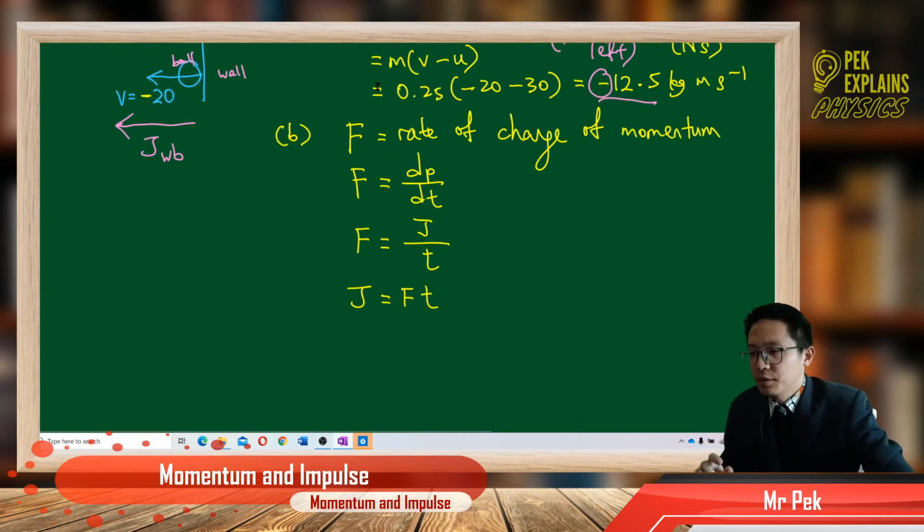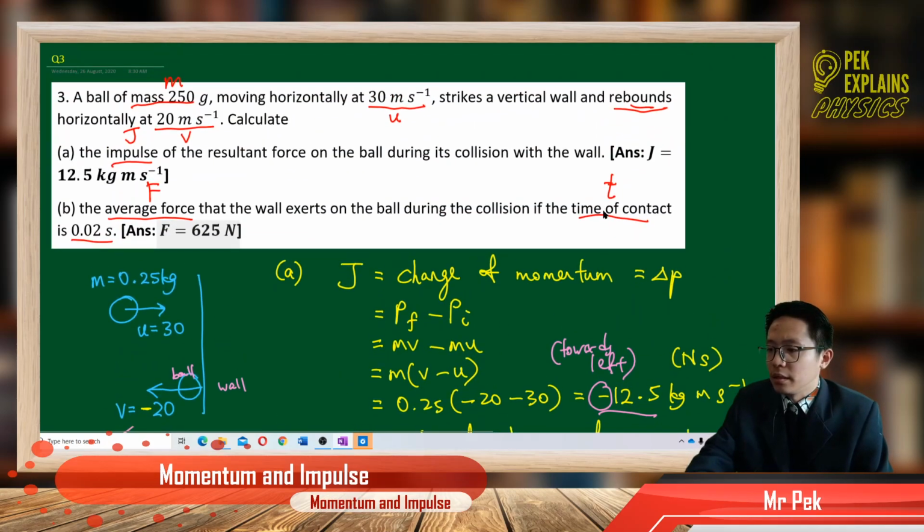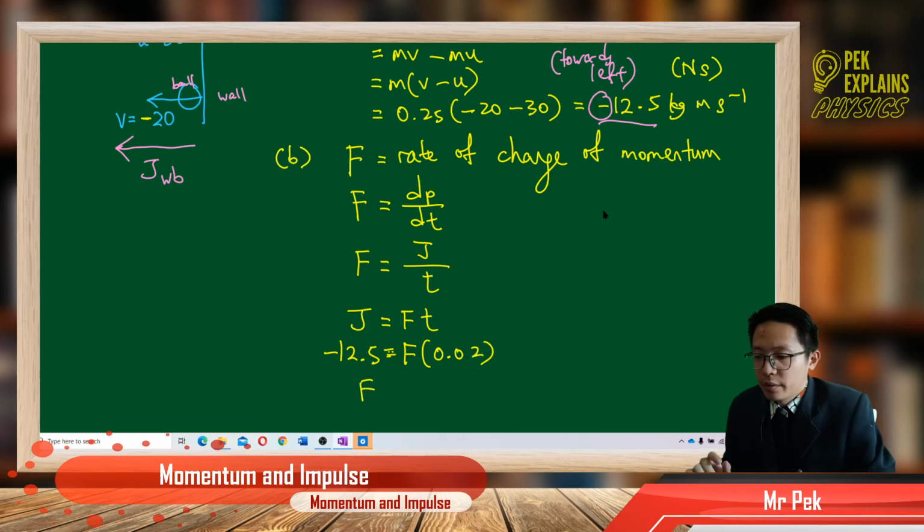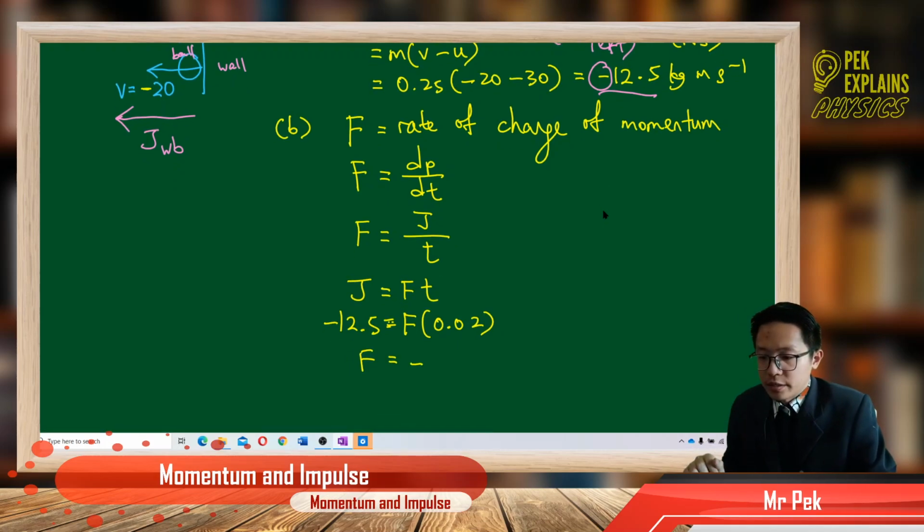So we just substitute the information: negative 12.5, and the time taken is 0.02 seconds. Then we will have our impulsive force, which is negative 625 Newton.